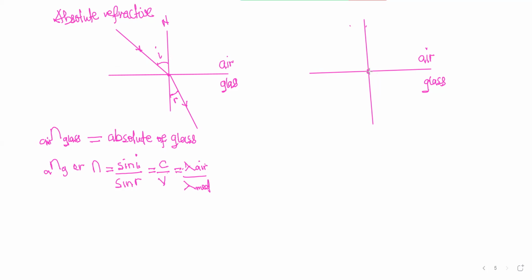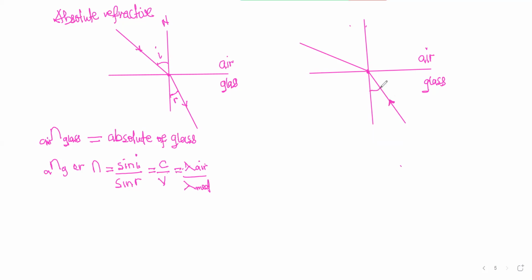And this time, oh, my diagram must be a bit more accurate. So it must bend away from the normal. So look at how I'm reversing the path of the light.